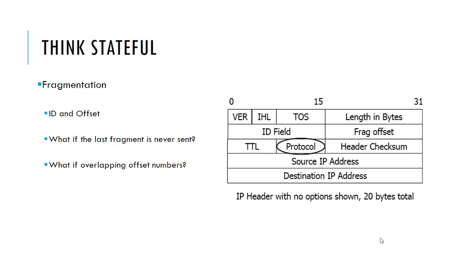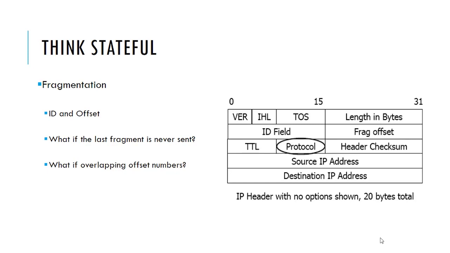So what if the last fragment of this packet is never sent? The router of the network receiving these packets will keep storing fragments and more fragments till it overflows. That's maybe what the attacker is trying to do.